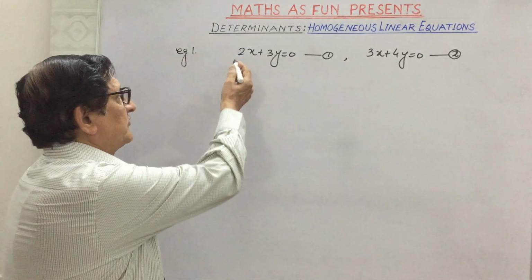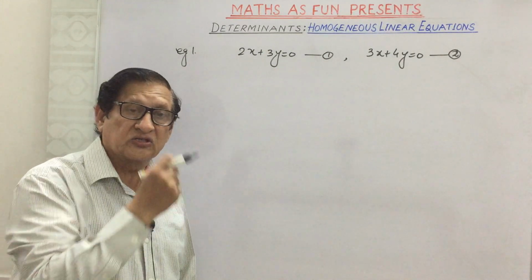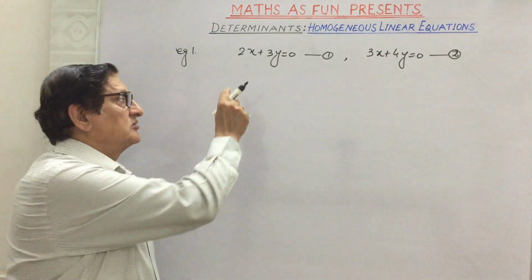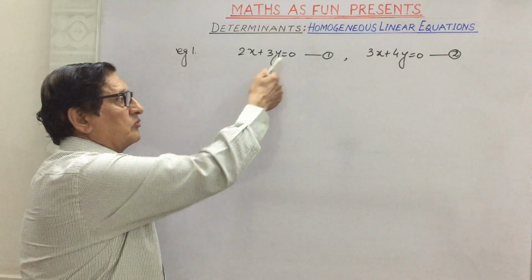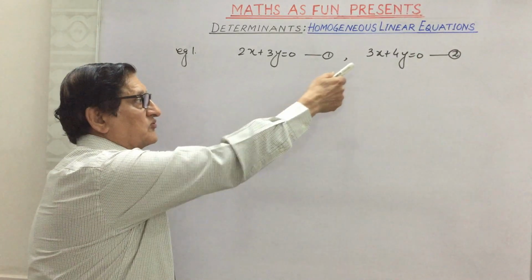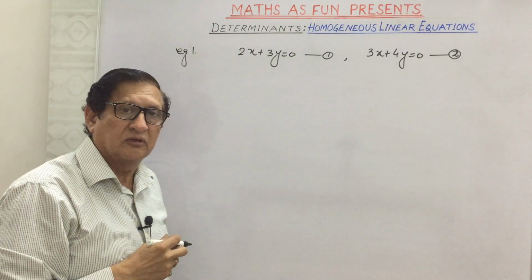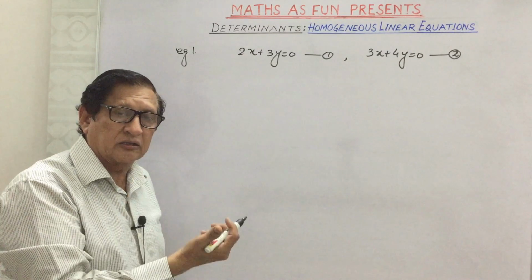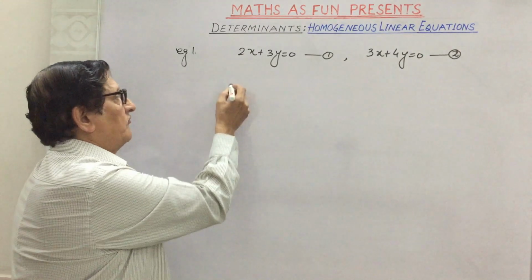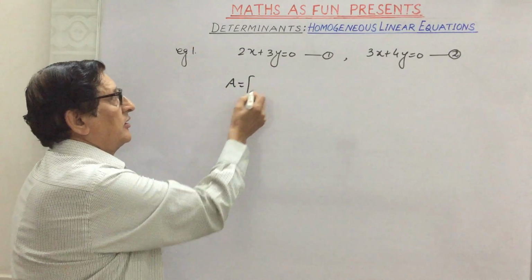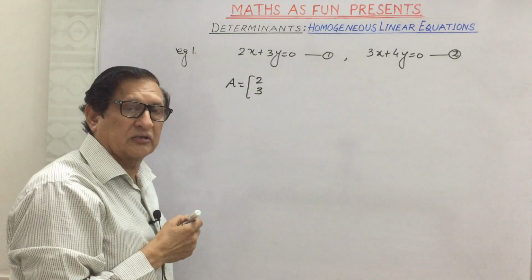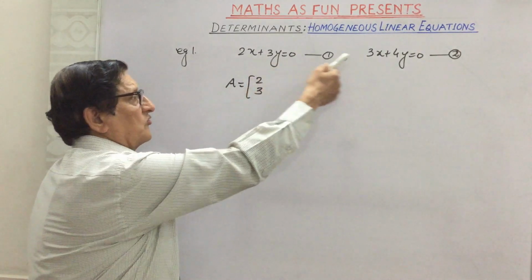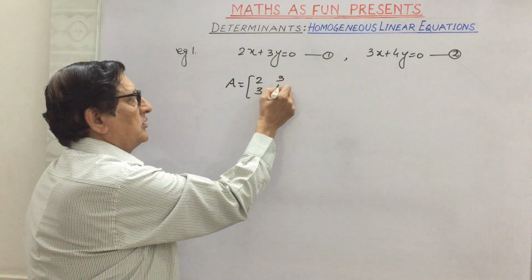The first example we are taking here is a system of homogeneous linear equations in two variables. The equations are 2x plus 3y equal to 0 and 3x plus 4y equal to 0. The matrix of coefficients here is A, that is 2, 3, coefficients of x, and coefficients of y in the second column, 3, 4.